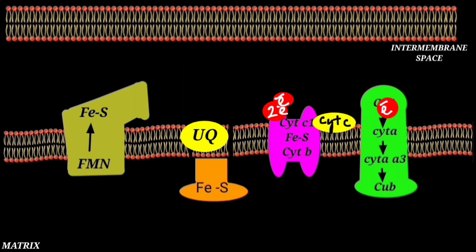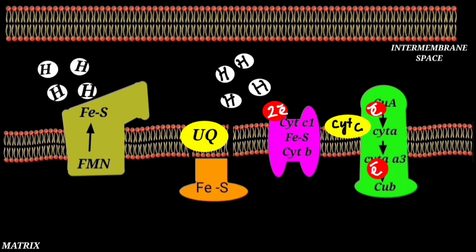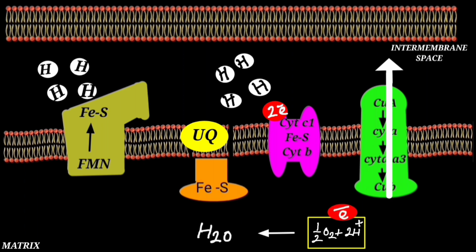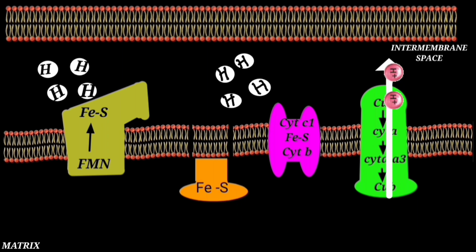These electrons are first accepted by the copper atom of complex 4 and are then subsequently transferred to the other cytochromes until they are finally accepted by the final acceptor, that's oxygen, forming water. During this process, two more protons are pumped into the intermembrane space from the matrix. This completes our electron transport chain for the NADH electrons.